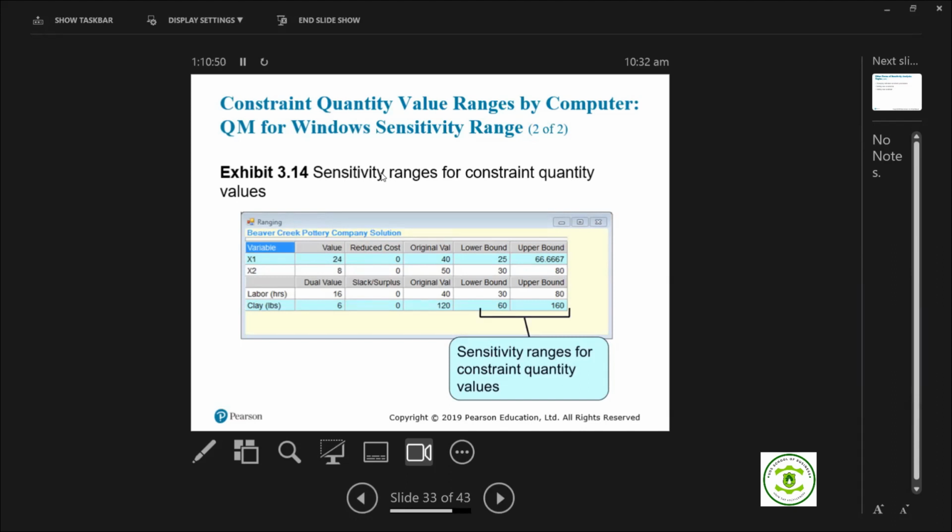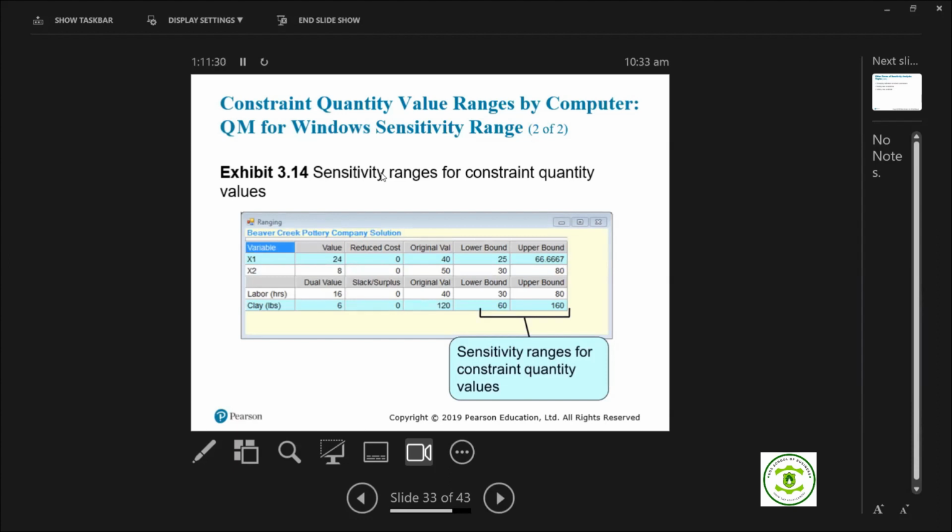What this means is that profit per board can decrease up to $25 per board, and the optimal solution will still be 24 volts.